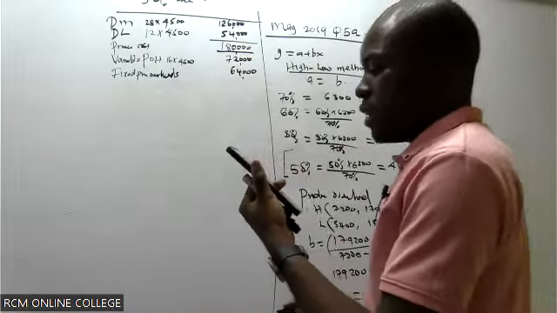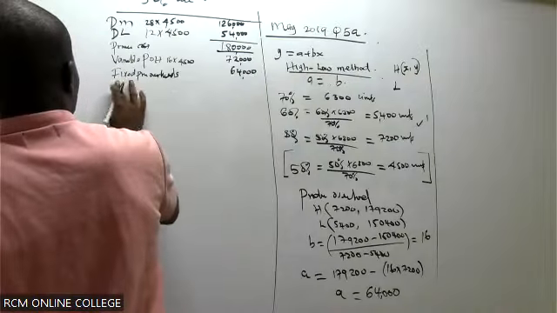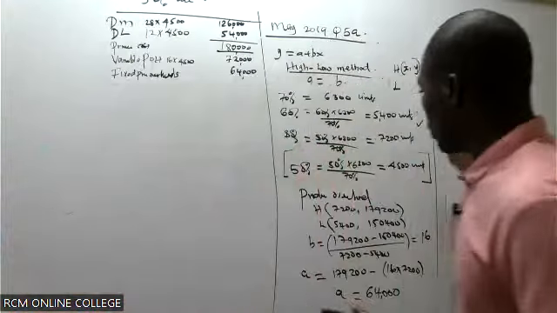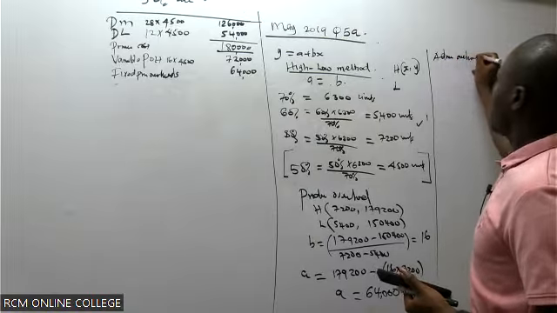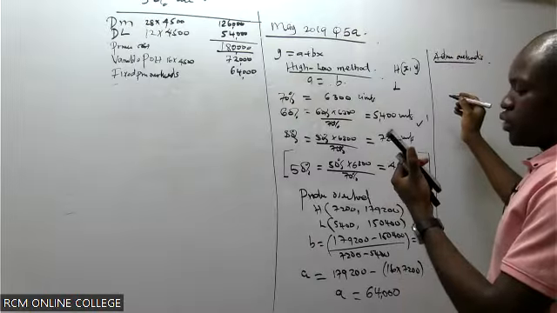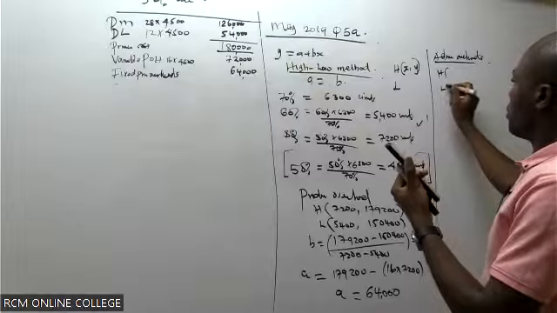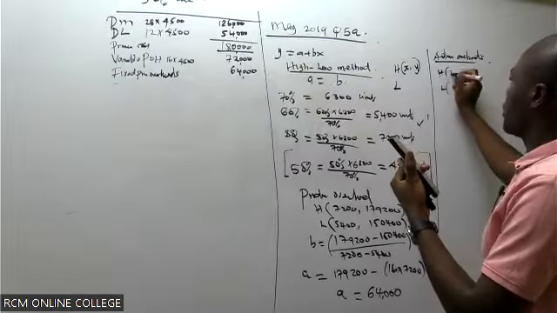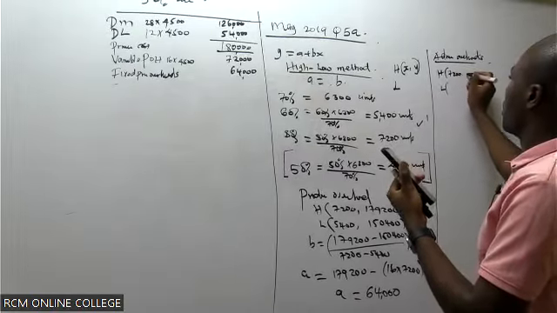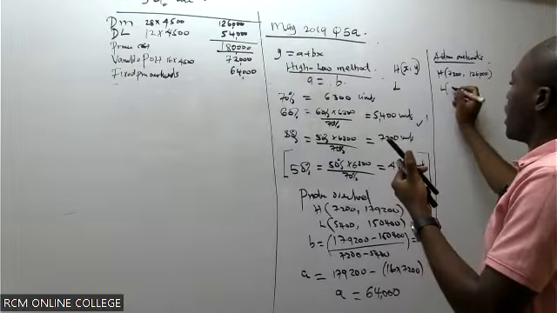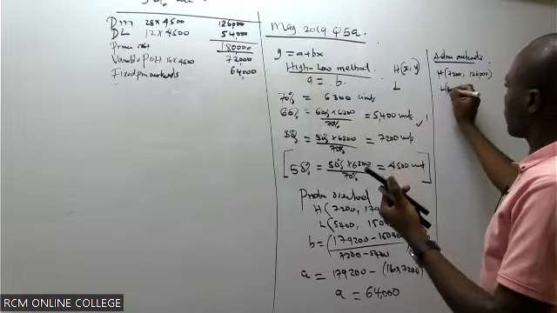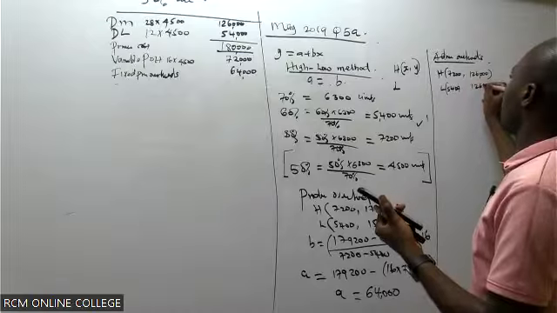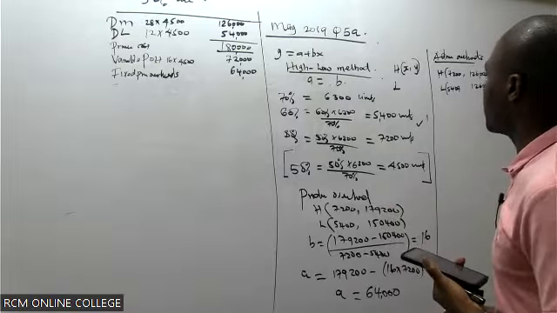We move to the next thing, admin overheads. Admin overheads, you don't know whether it is variable or fixed. So we come here, say admin overheads, we have been given high, 7,200, 126,000. Then here low has 5,400, 126,000. If you look at this carefully, is there anything that is variable there?